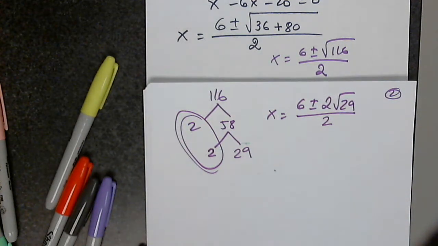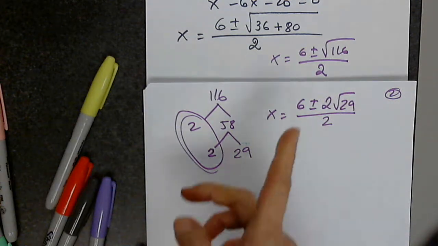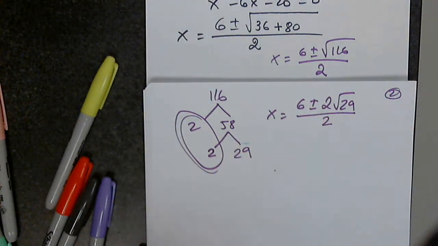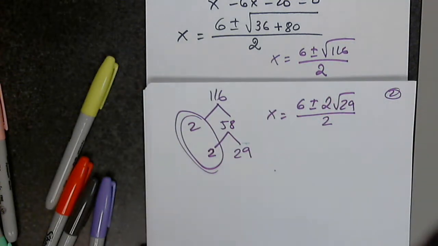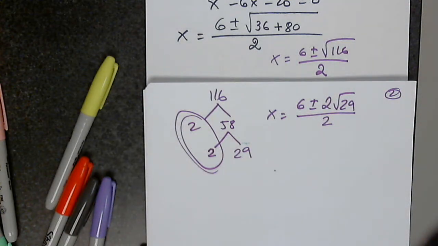Now here's a question for you. Can I simplify this 2 with this 2? Yeah. I want to cross out this 2 with this 2. You can. So yes or no? Never. Why?